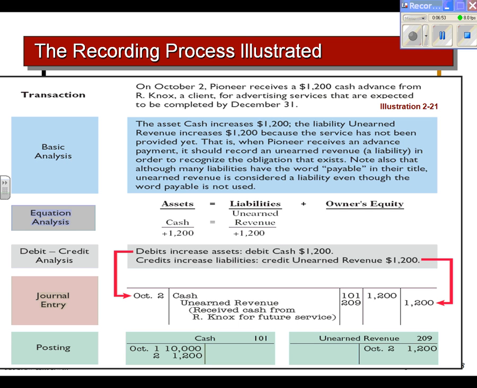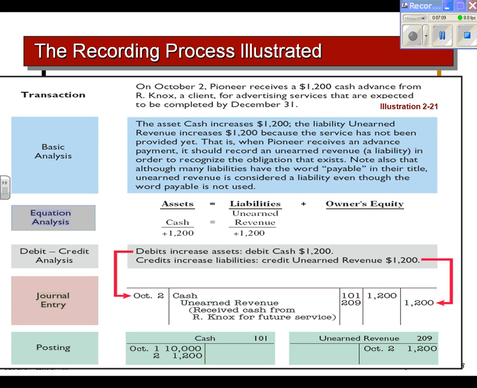We haven't even started yet to provide advertising services to this client, R Knox. We are liable to return that so-called deposit, that cash advance of 1,200.